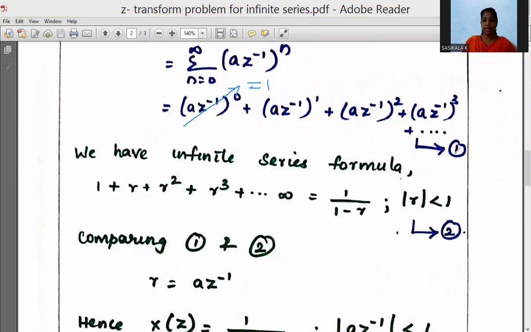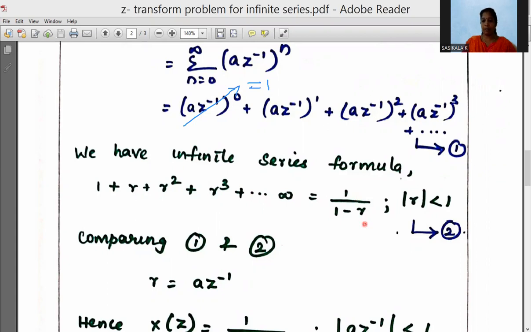Now you are comparing this equation number 1 and 2. So here I am getting 1 plus a z inverse power 1 plus a z inverse power 2 plus a z inverse power 3, etc. And here I am getting the infinite series formula 1 plus r plus r square plus r cube, etc., till infinity.